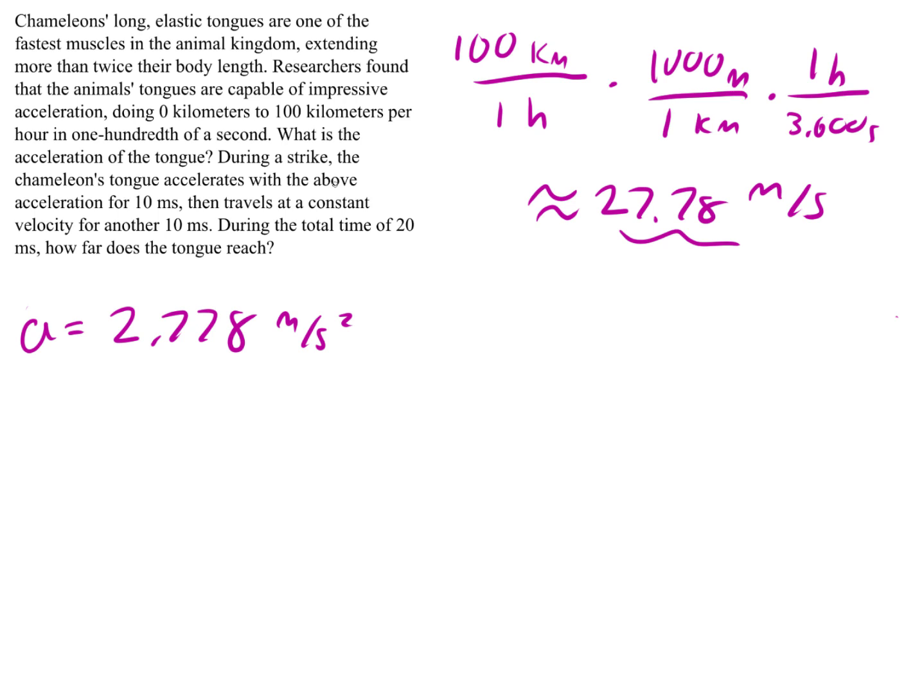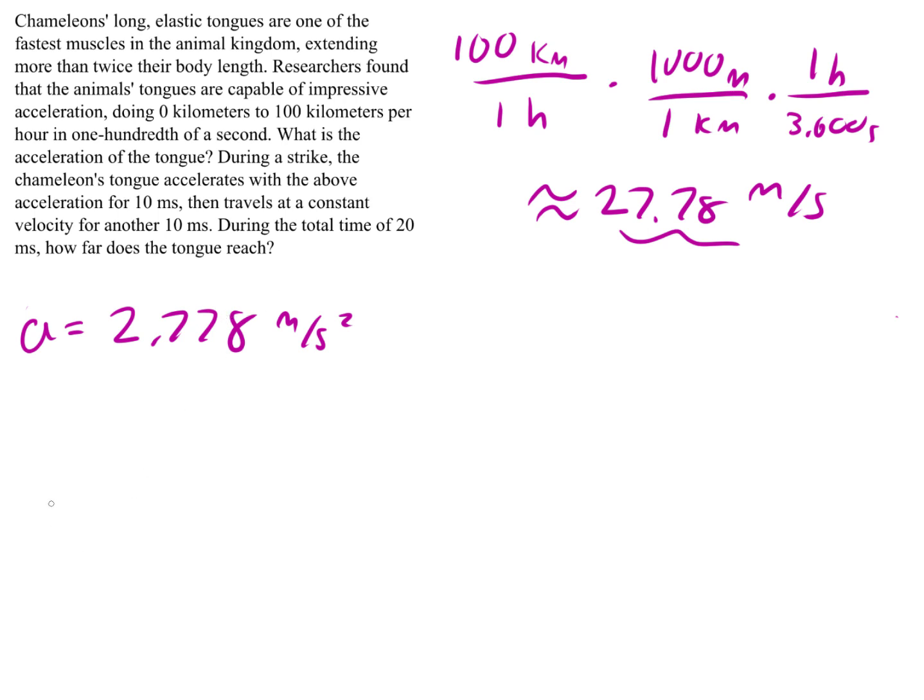Now we need to calculate the second part, the total distance, or how far the tongue reaches. We're given that it first accelerates for the first 10 milliseconds, the first 100th of a second, and then travels at a constant velocity after being accelerated.